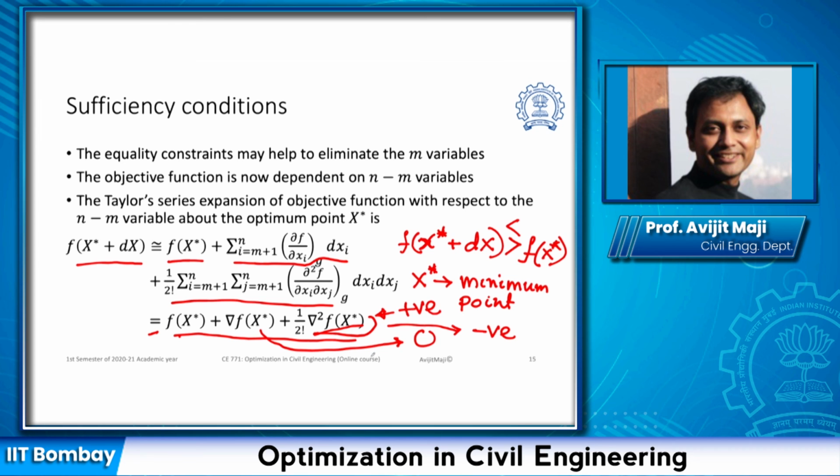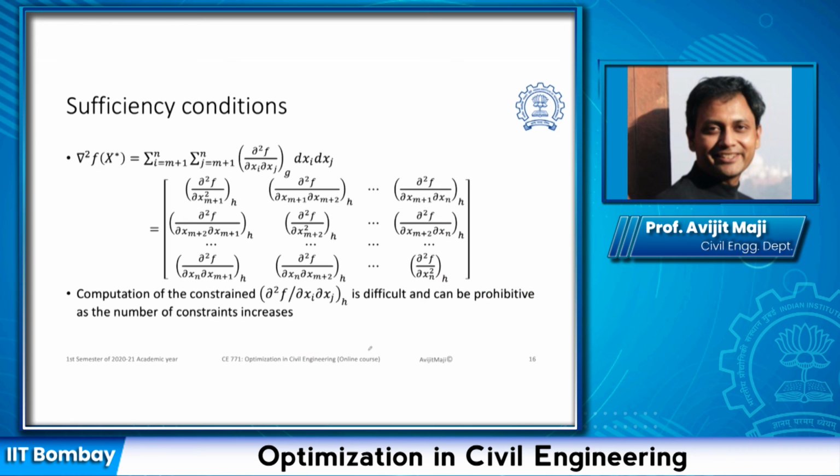Let us look into this second order derivative, and in the sufficiency condition, if we want to represent the second order derivative, we can write the second order derivative from the previous equation in this form, which can be represented as a matrix of this nature. And here we have to do the second order derivative of this nature.